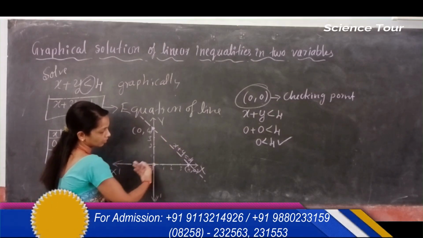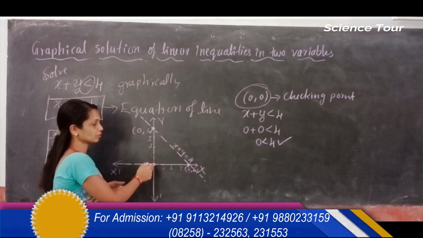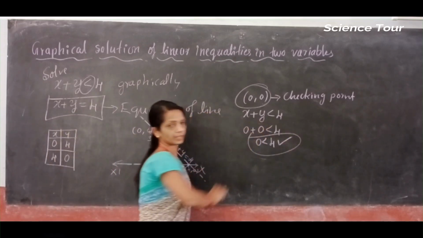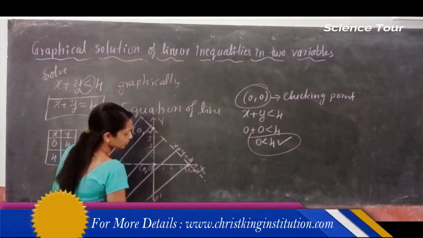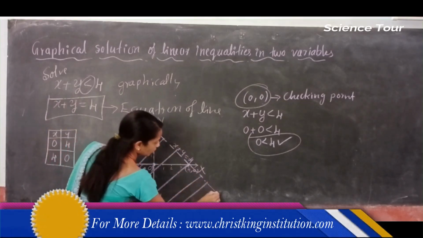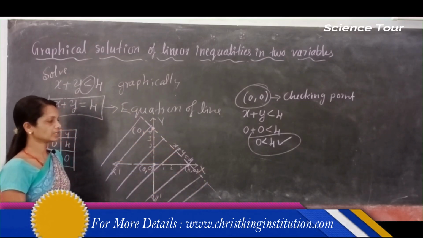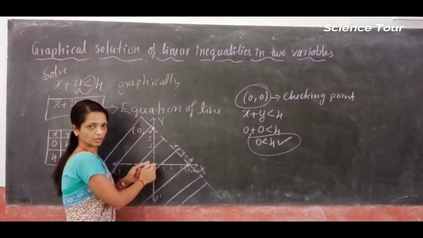Below this non-vertical line you have the checking point 0, 0. So if you get a correct inequality like this, then you have to shade the half plane containing the checking point. So you have to shade below the line x plus y is equal to 4. Why? Because below the line you have the checking point.